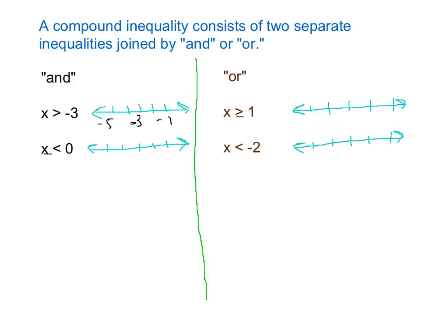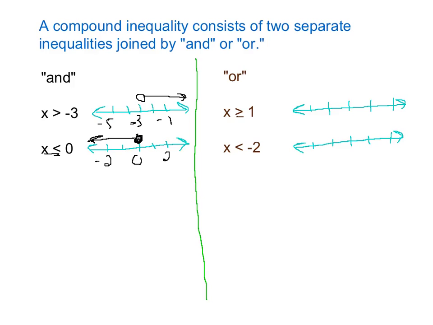And if it's greater than -3, I'm going to do an open dot, shade to the right. For the one below that, x is less than or equal to 0. Label my number line, closed dot at 0, and shade to the left.